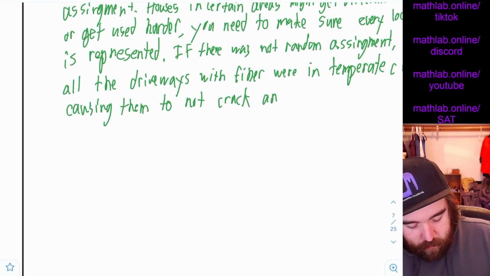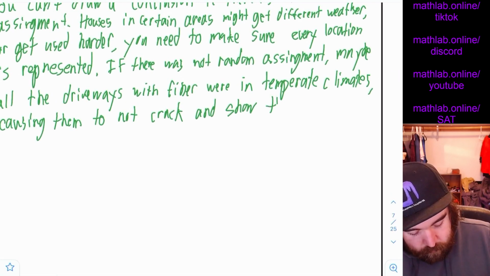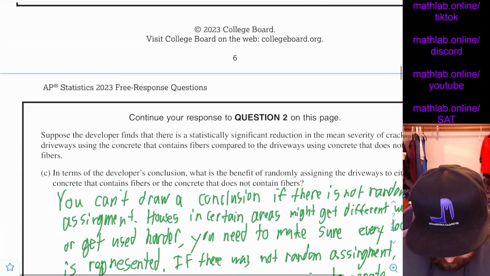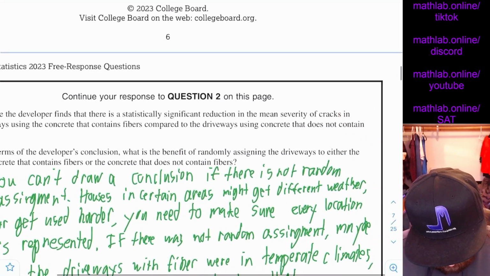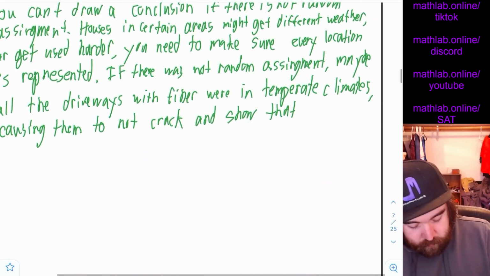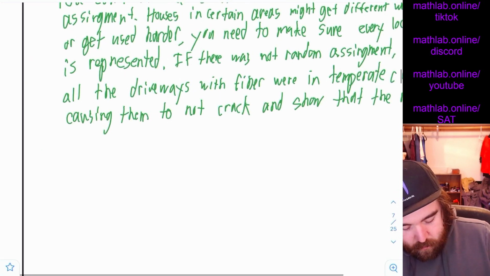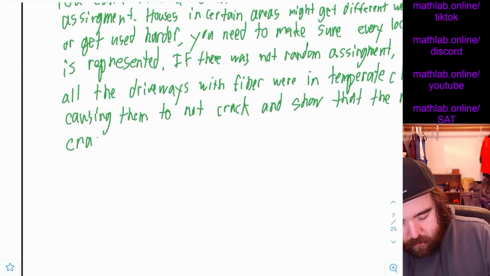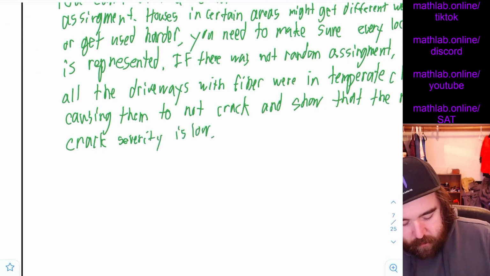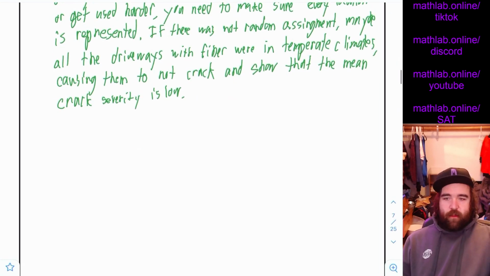And show, wait, which way was it? And show that the mean crack severity is low. So many words to say such a small thing.